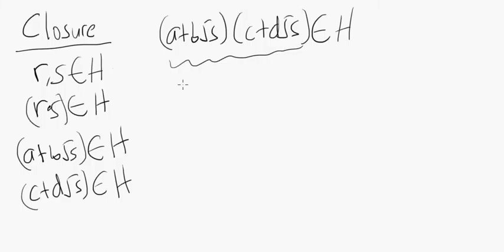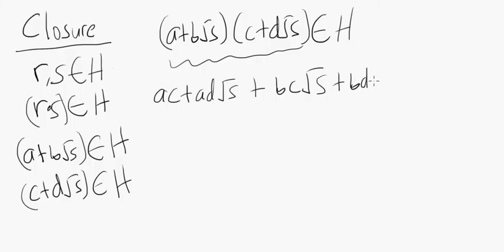So if we expand this, we have AC plus AD root 5 plus BC root 5 plus BD root 5, right?